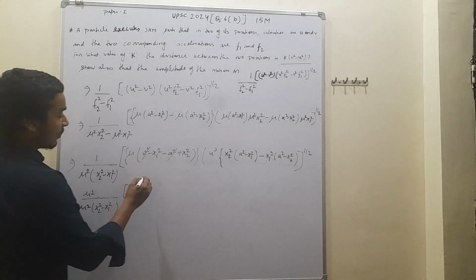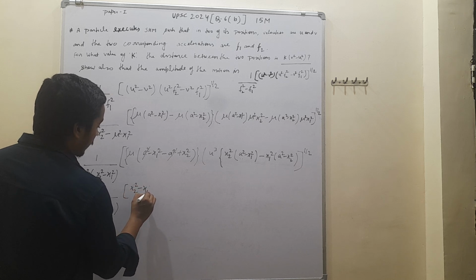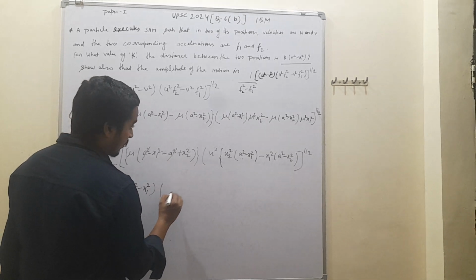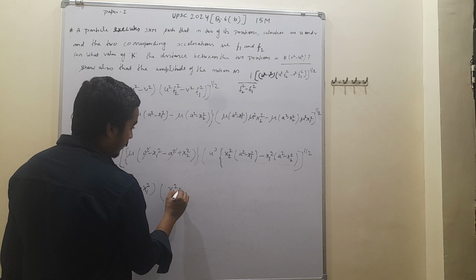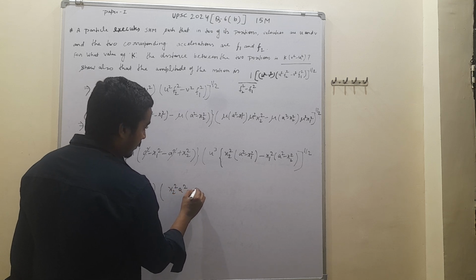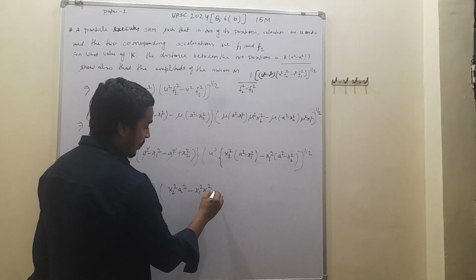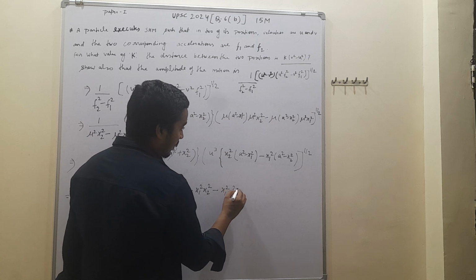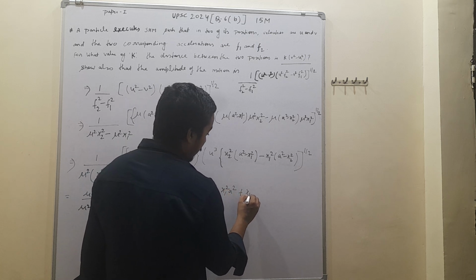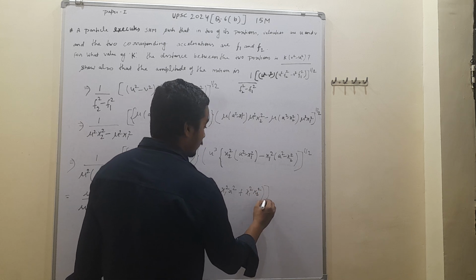From here, x2 square minus x1 square, and multiplying x2 square a square minus x1 square x2 square minus x1 square a square plus x1 square x2 square, whole power 1 by 2.